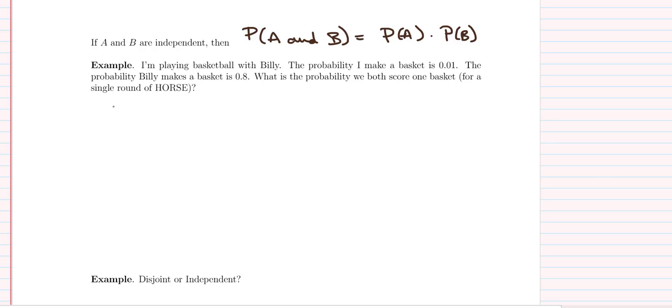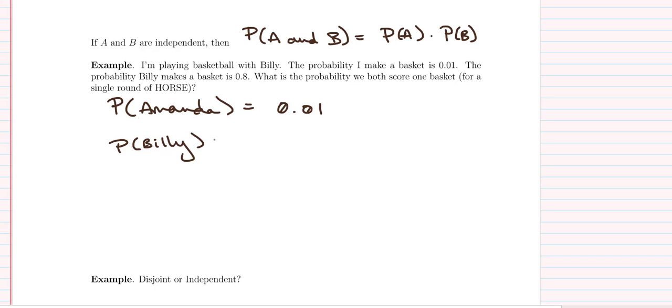All right, so what do we know from this problem? Well, we know that the probability Amanda makes a basket is equal to 0.01. We know the probability that Billy makes a basket is equal to 0.8. So if I make a basket, it doesn't influence whether Billy makes a basket. And if Billy makes a basket, it doesn't influence whether Amanda makes a basket. So these two events, I make a basket and Billy makes a basket, are essentially independent because they both can occur, right?